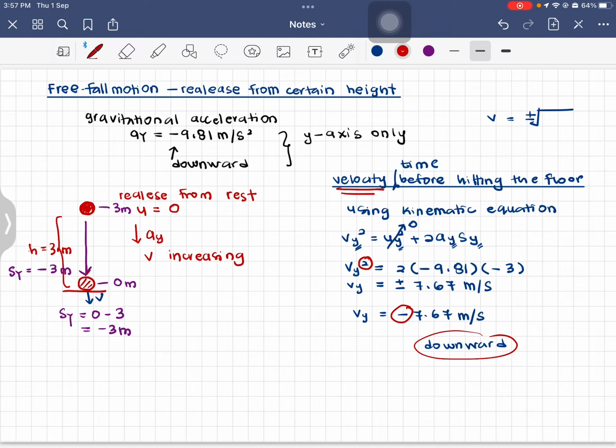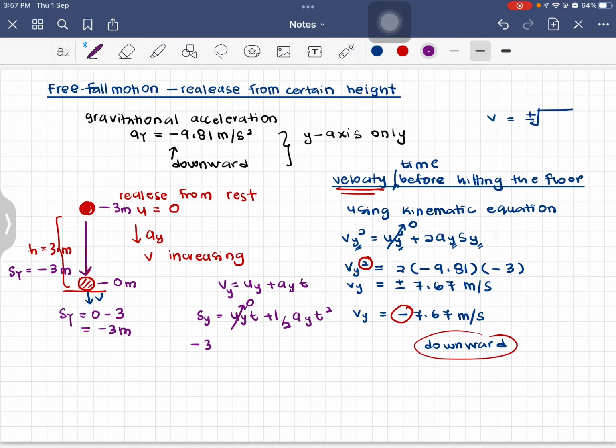Okay, and then we want to find the t. You can use Vy equal to Uy plus Ayt, or you can use Sy equal to Uyt plus half Ayt squared. Let's say I want to use sutat. Uy is equal to 0, so Uyt is also equal to 0.